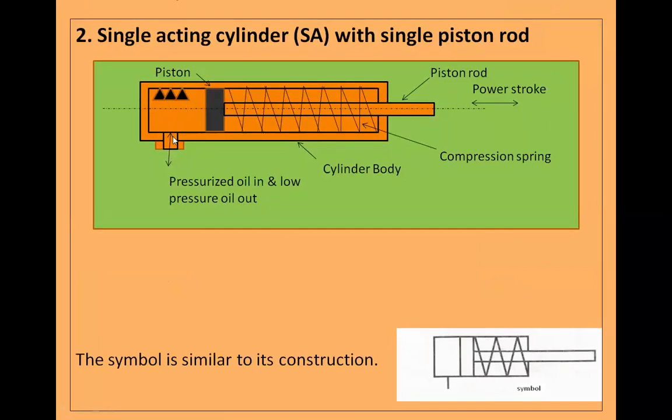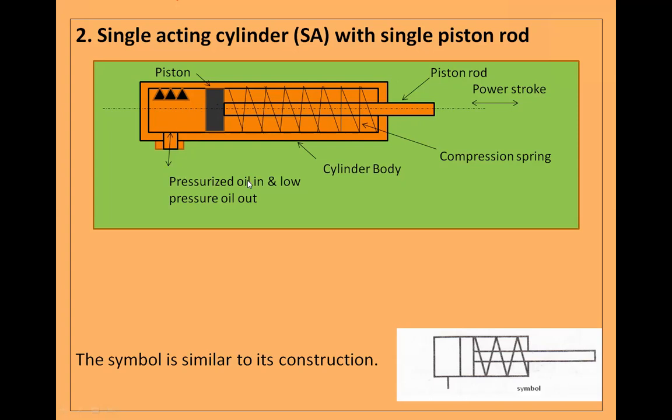In this cylinder there is a piston, and to that piston a piston rod is attached. For retraction of that piston, a compression spring is used. To get the power stroke of this piston, we take the help of this pressurized oil, that is hydraulic energy.